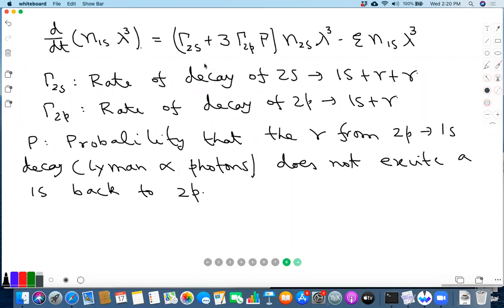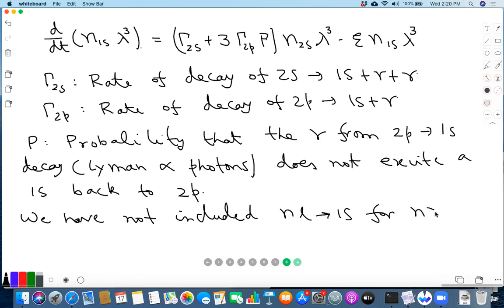Now notice that we have not included nL to 1s for n greater than or equal to 3. And the reason is again similar to what we had seen earlier.